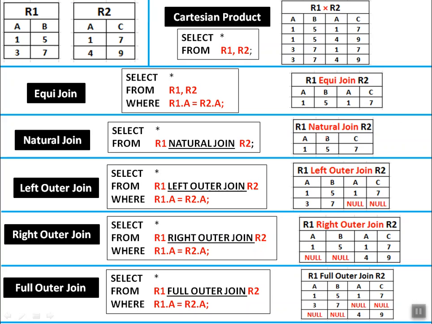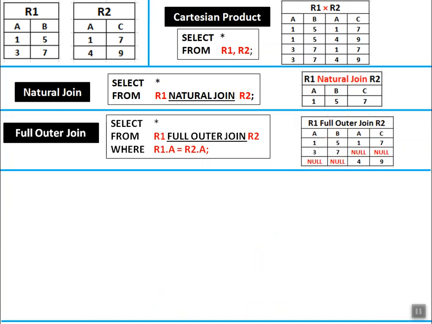All joins, the base is Cartesian product. From that equi, non-equi, left outer, right outer, full outer, everything you can write, guys. Comfortable? Yes. Now, at times you will see full natural outer join. So don't panic, guys. All are same. Full natural outer join is nothing but a full outer join with natural.